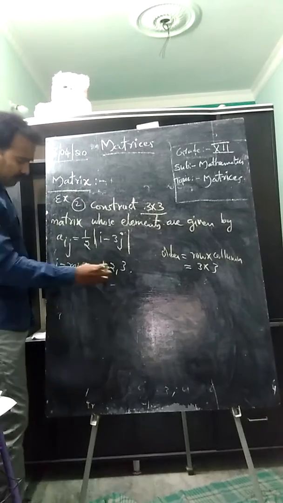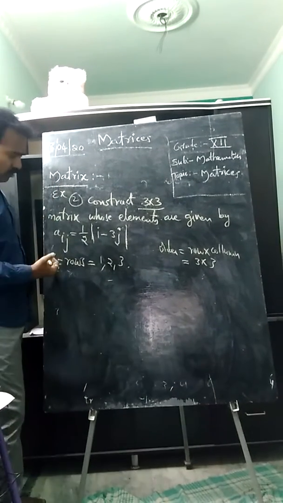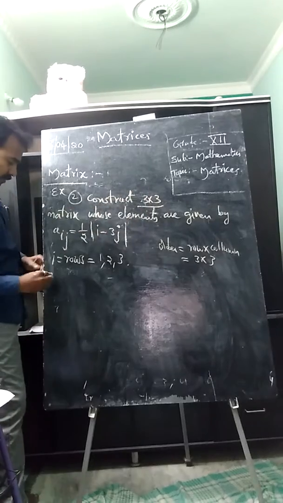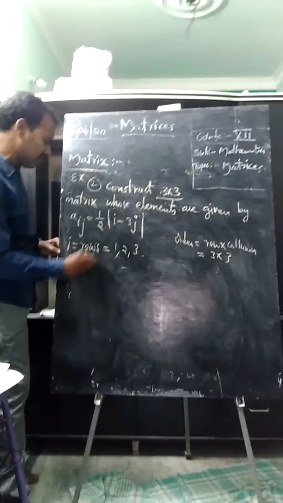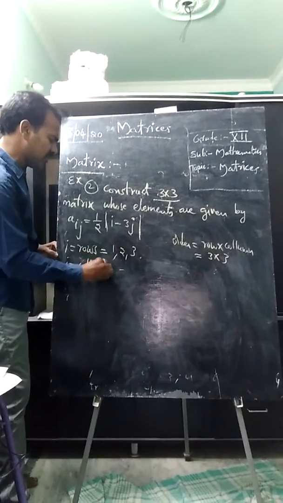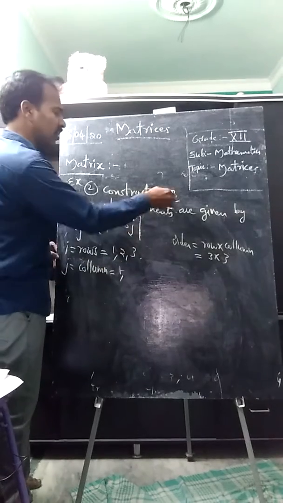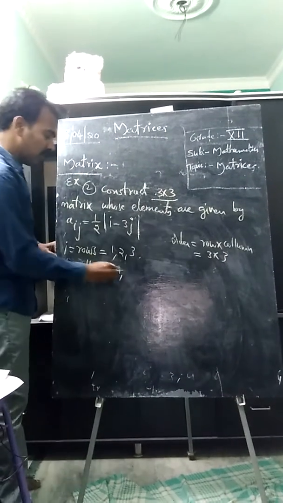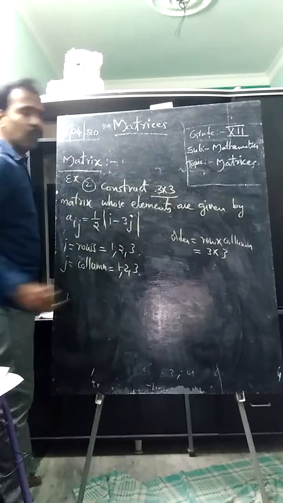So rows will be 3: i value may be 1, i value may be 2, i value may be 3. Now let us take columns. Here also 3 because number of columns as per the given order of the matrix is again 3. It's a square matrix.